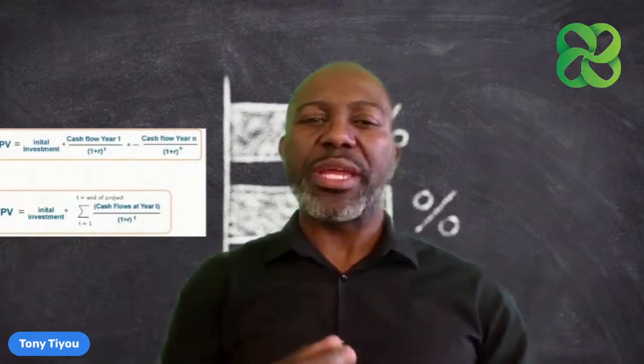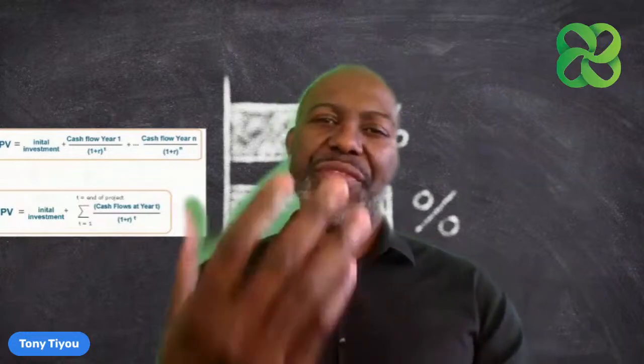On that, you need to consider the ongoing cost of operating the project and maintaining the equipment, as well as the income it generates from selling the electricity produced by the project. So by discounting the cash inflows and outflows to the present value, we can calculate the net present value of the project. That's what we do.